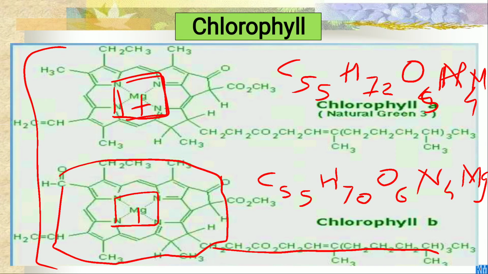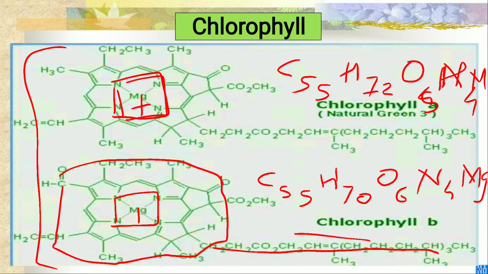H is 70, so 2 hydrogens are absent. Hydrogen atoms are absent, and 1 oxygen is added in chlorophyll B.